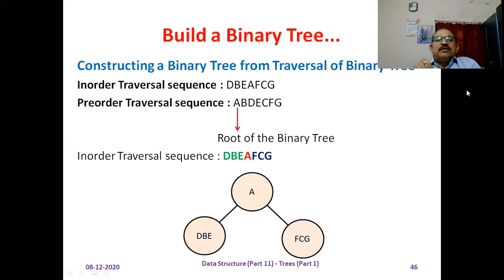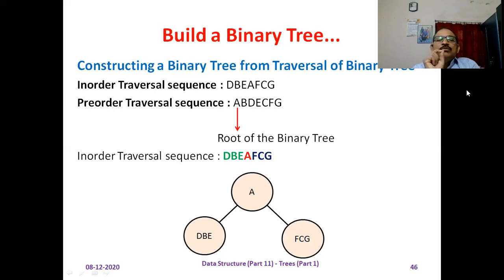Suppose the in-order traversal sequence is D, B, E, A, F, C, G. And the pre-order traversal sequence is A, B, D, E, C, F, G. As I have told you, the first step is to look at the pre-order traversal sequence.